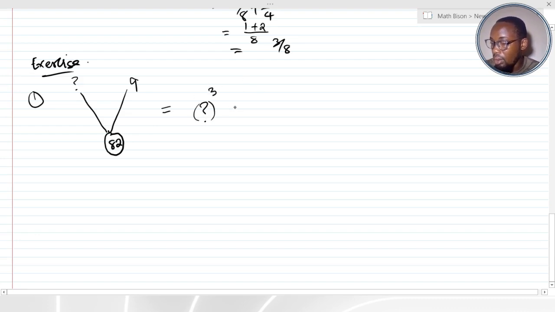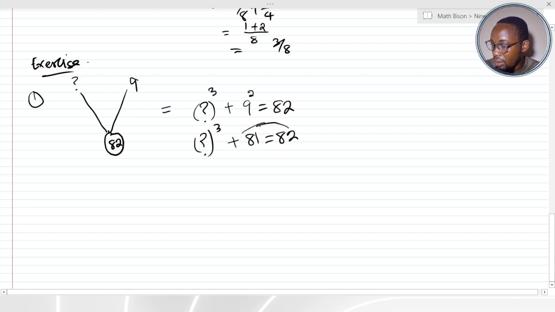If this cube and you add 9 squared, you're going to have 82. By reverse engineering, we know that this plus 81 is 82. So if you add to 81 to get 82, you should be subtracting 81 when you're coming back.